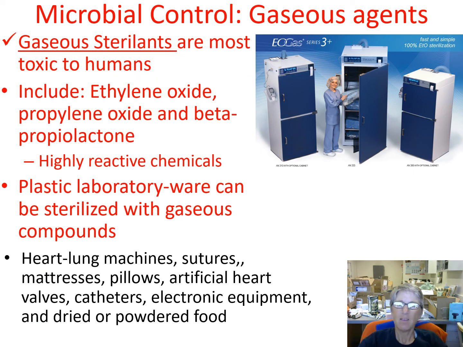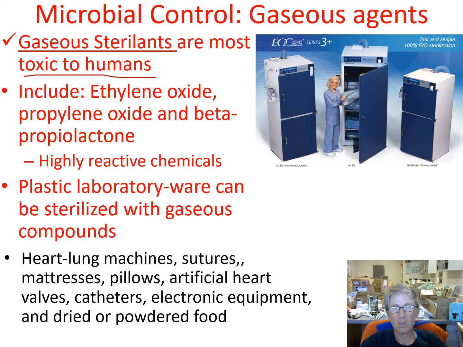How about gaseous agents to kill? So it says here, fast and simple, 100%. ETO sterilization. Gaseous sterilizations are the most toxic to humans. So if you get a job and they tell you to run this gas sterilant machine, you should definitely know how to use it, because if you don't, it's toxic.